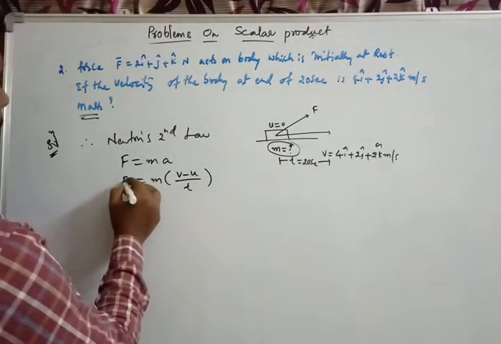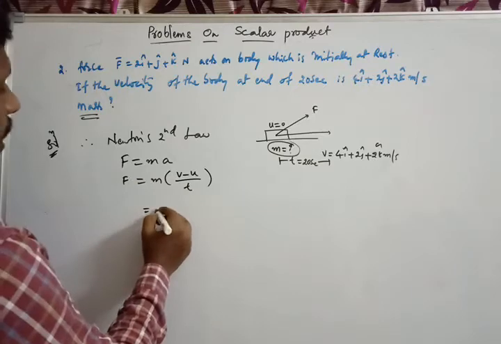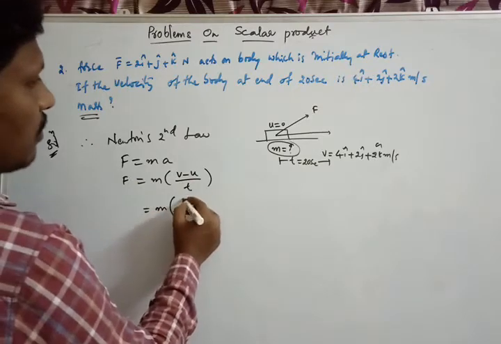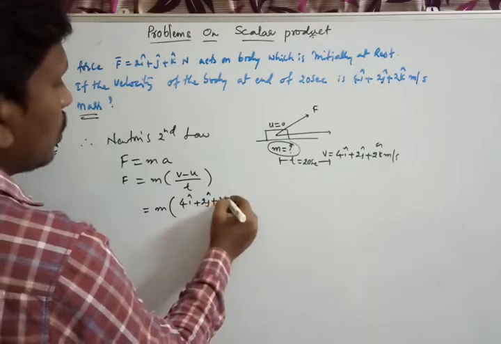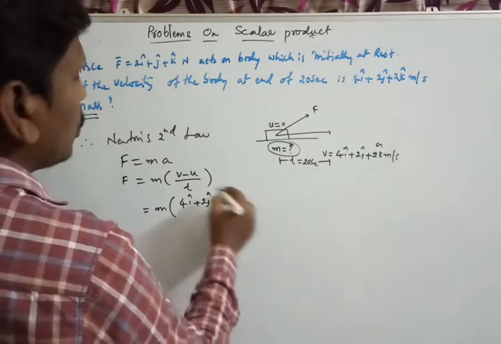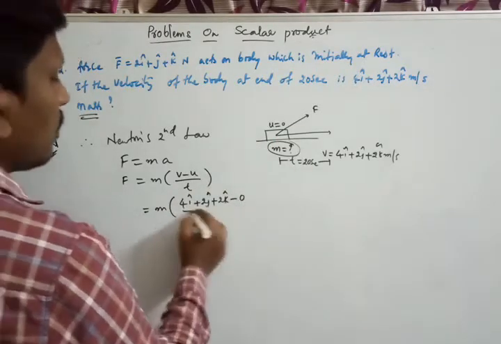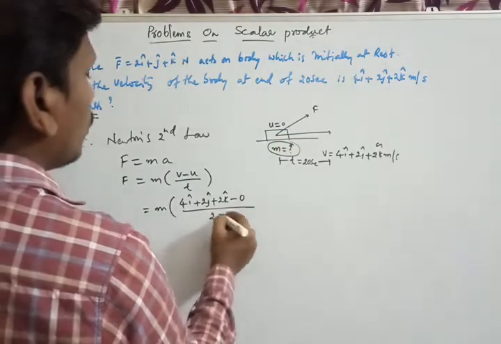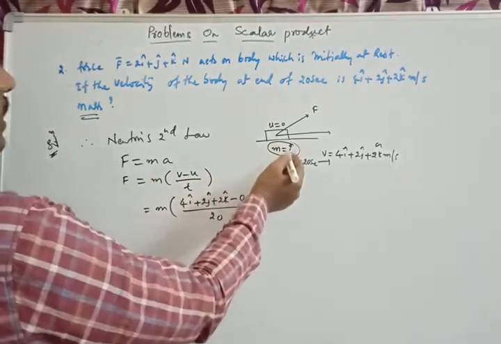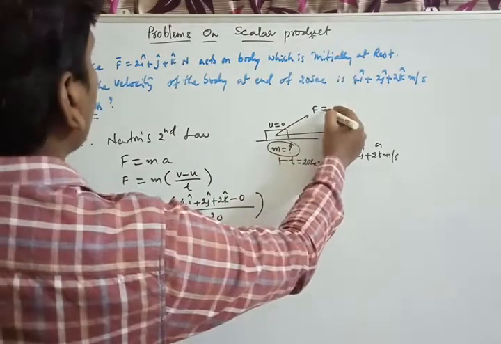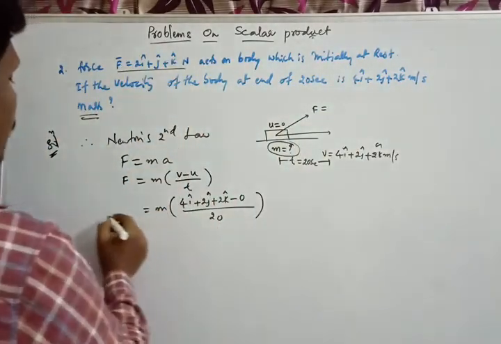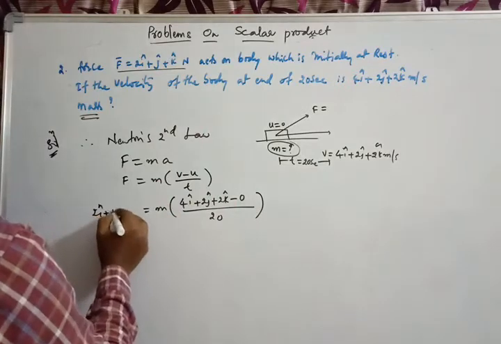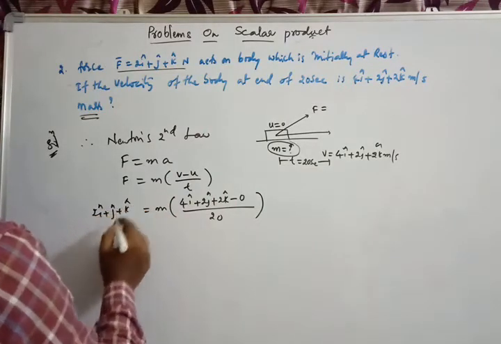So m we have to find. V is 4i cap plus 2j cap plus 2k cap minus 0, because initially at rest, by t equals 20, and F is the force applied, that is 2i cap plus j cap plus k cap.